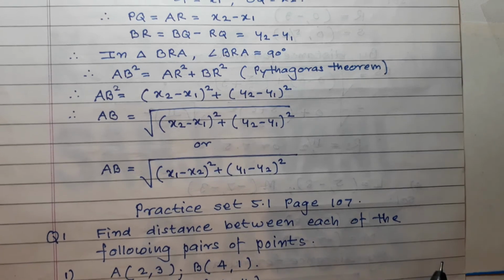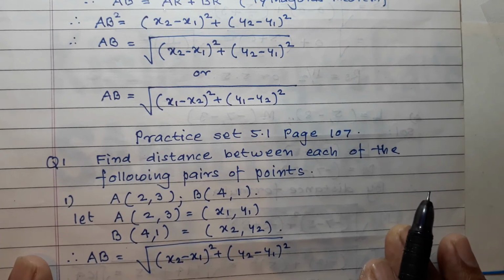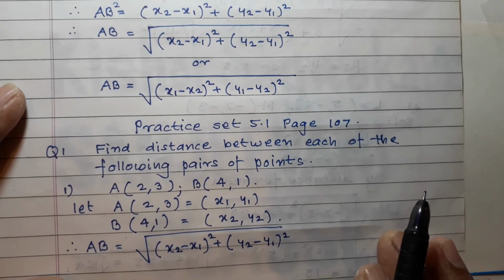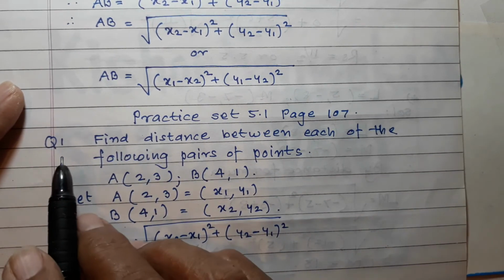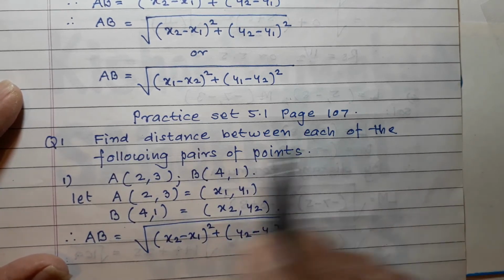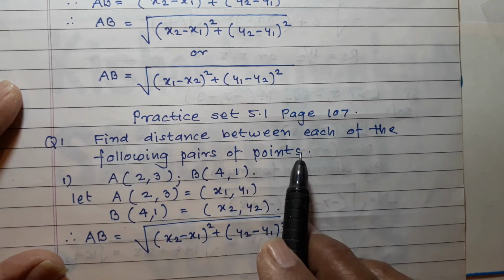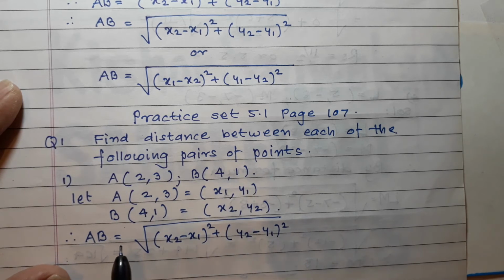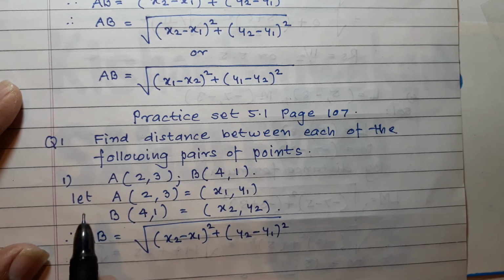5.1, page number 107. Okay. Question number 1. Find distance between each of the following pairs of points. 2 points are given. Find distance between them. So write down your solution.